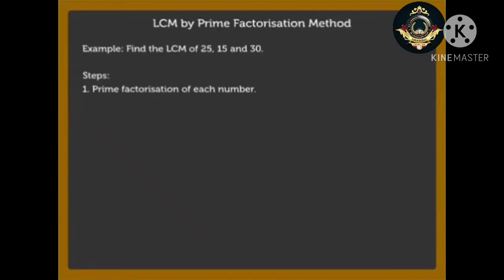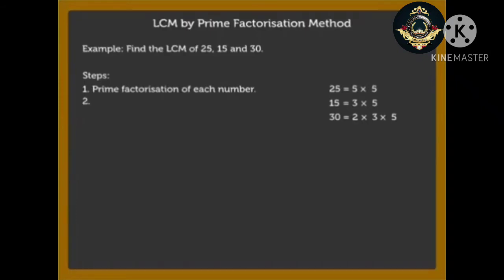Here we get the prime factorization of 25 as 5 into 5, 15 as 3 into 5, and 30 as 2 into 3 into 5.